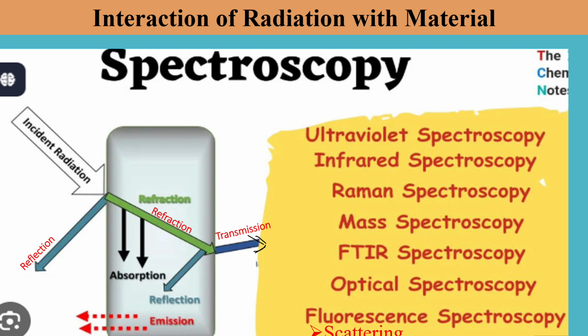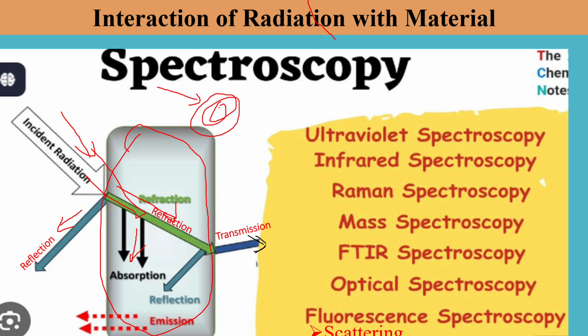Now, what is spectroscopy? There are different types of spectroscopy. Suppose light is incident on or interacts with a material. What type of phenomena can occur? The light may be reflected, refraction may take place, absorption may take place, or if the light interacts with the material, emission of light may take place.